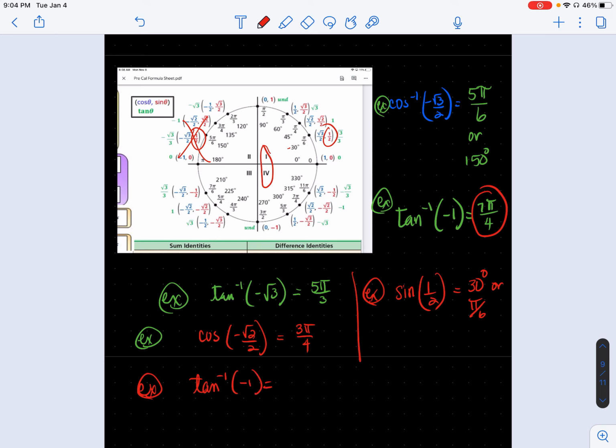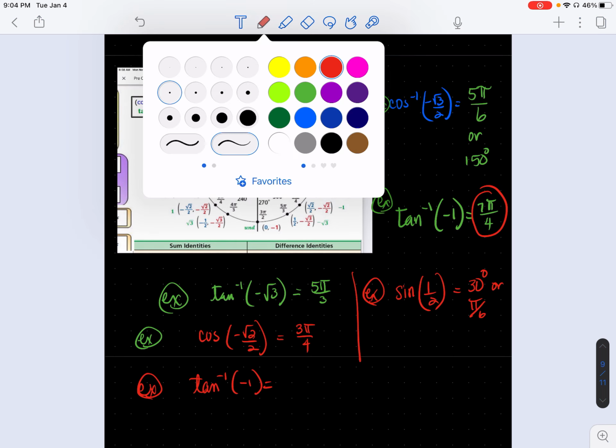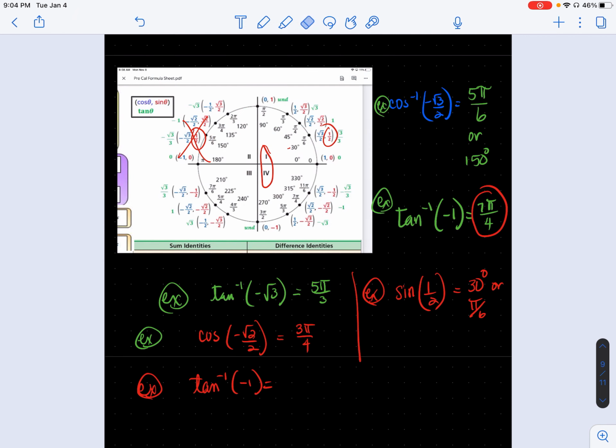One more time, we're finding tangent inverse of -1, which means the angle where tangent value equals -1. And if you were to go find for -1, there's one here, and then there's one here. Remember, you got that part, I think. With tangent restrictions being quadrant 1 and 4 only, this is not going to be acceptable. So we're going to accept this, right? 7 pi over 4, like I said earlier.